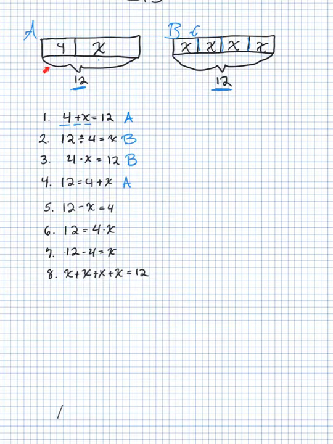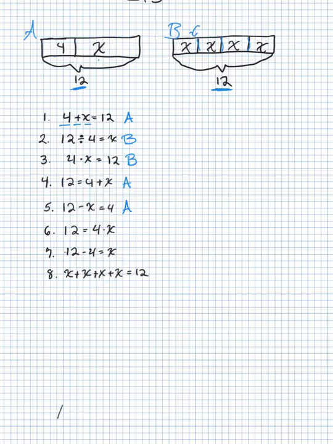So here I would be starting off with this entire length being 12, and then I'm going to subtract off x. If I do that, I'll end up with 4. So this one's going to be A.